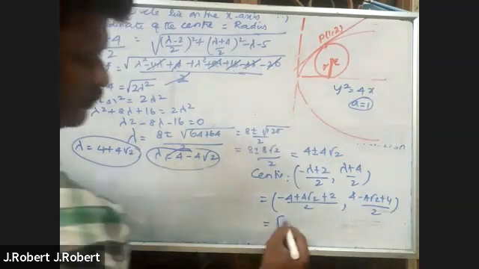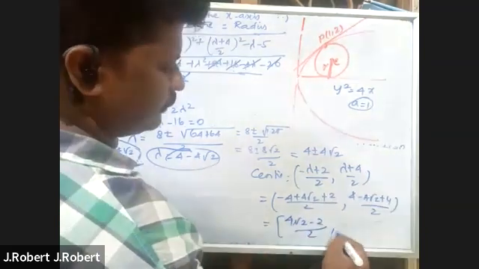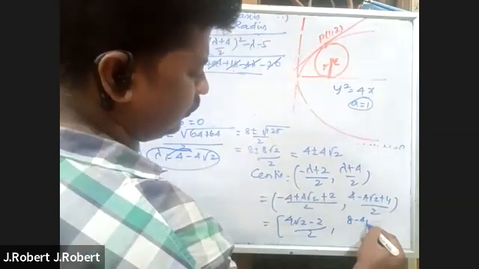Which is equal to minus 4 root 2 minus 2 divided by 2, and 8 minus 4 root 2 divided by 2.